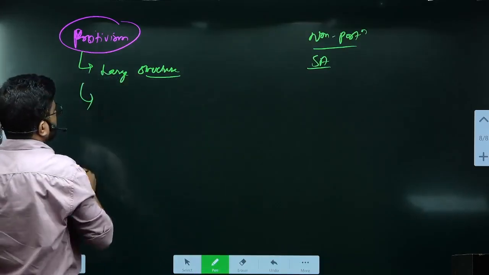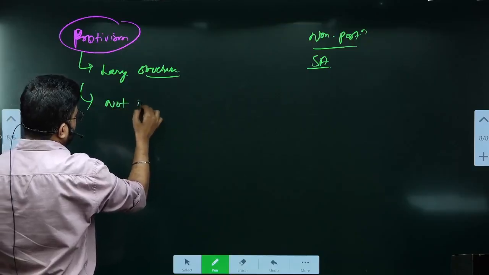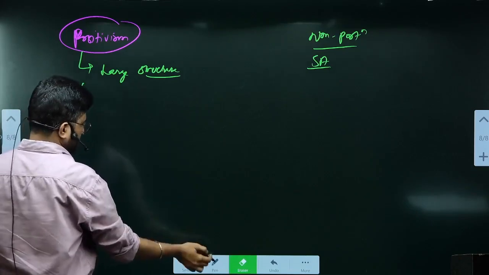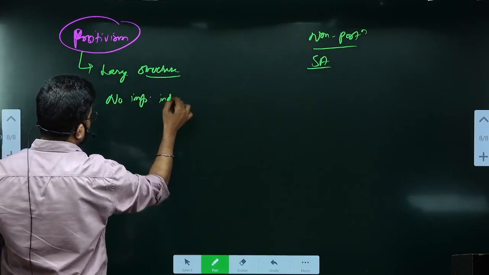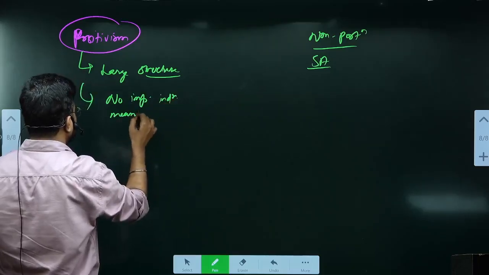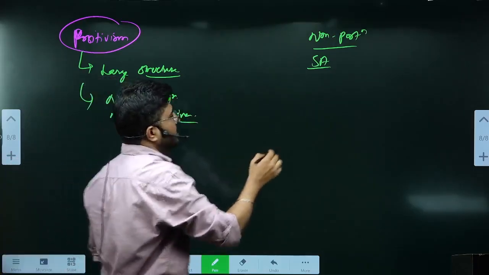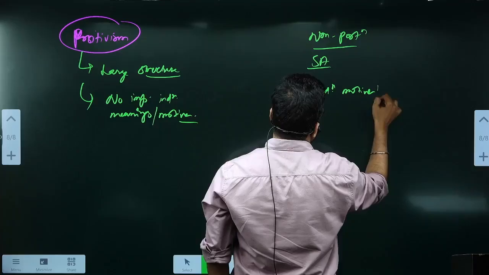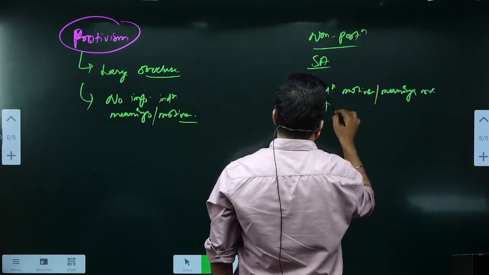Then they give no importance to individual meanings or motives, whereas individual motives and meanings are important.